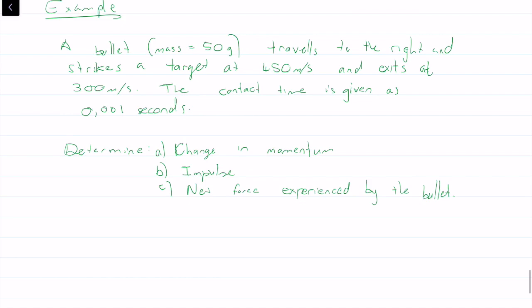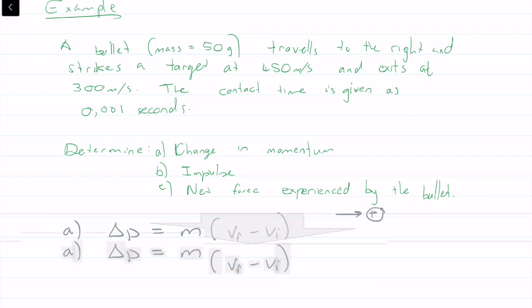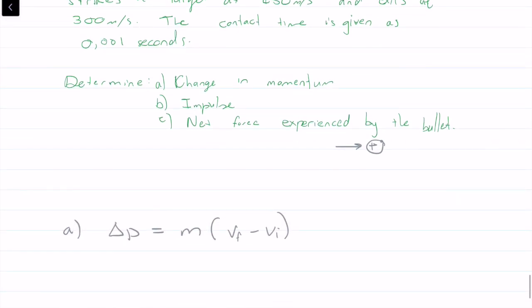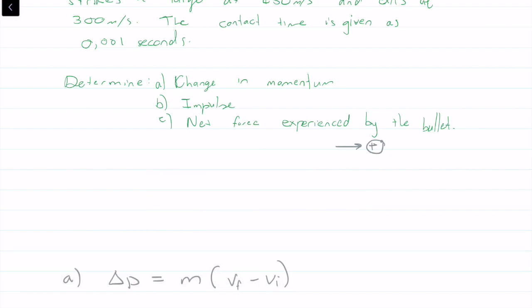So first of all, question A says determine the change in momentum. So change in momentum equals delta P equals mass times final velocity minus initial velocity. And we're going to take right as being positive. Let's actually draw out a schematic, because that's quite important to understand the problem correctly. So we have a bullet, and let's say here's a target.